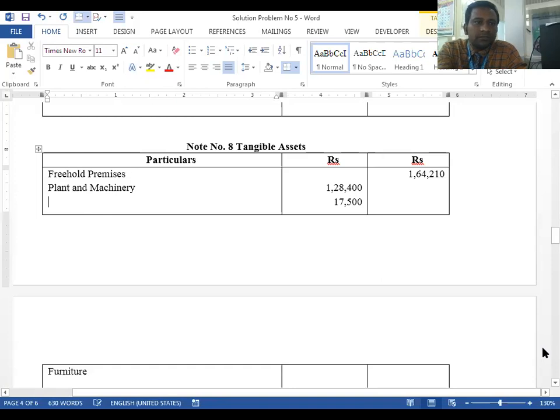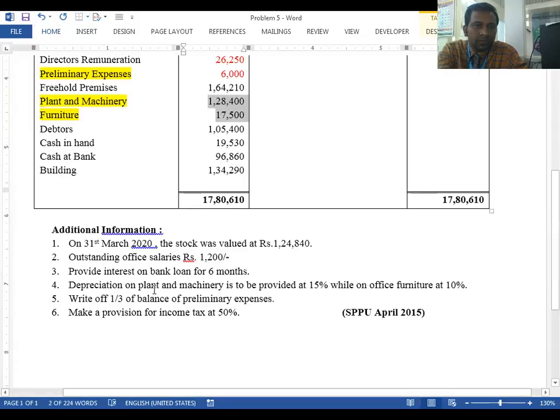Depreciation is given, less depreciation at 15% on plant and machinery, 10% on office furniture.